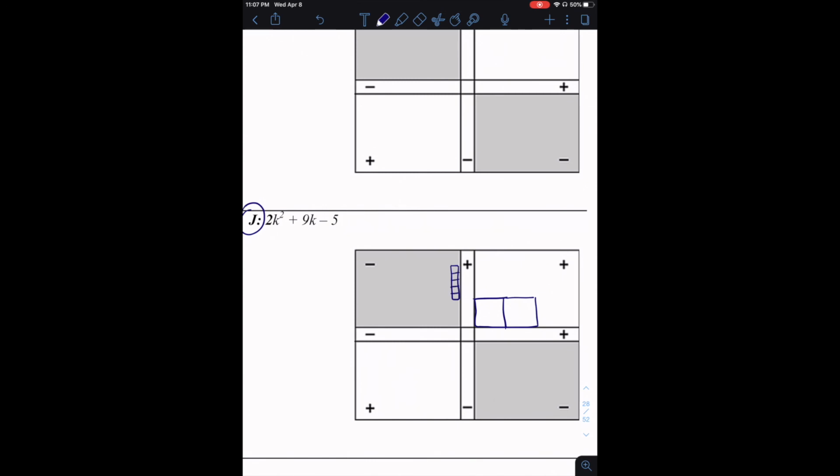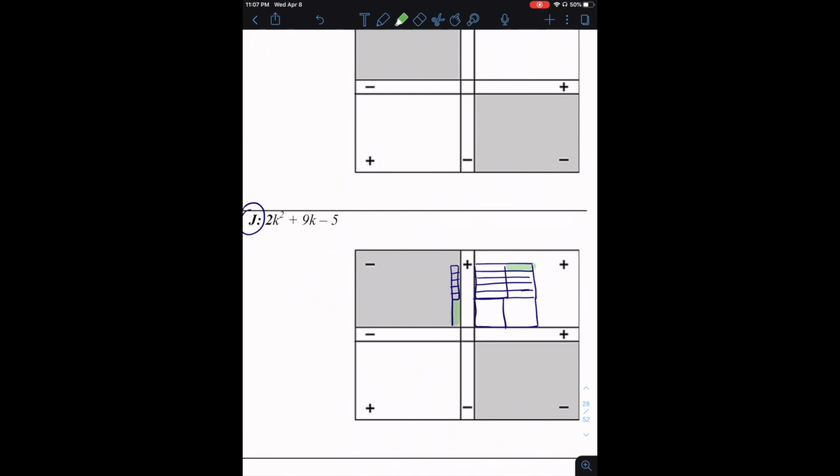So we found that going 5 by 1 does work, because then we were able to fill this area with all of the rods we had, but we found that we needed one zero pair.